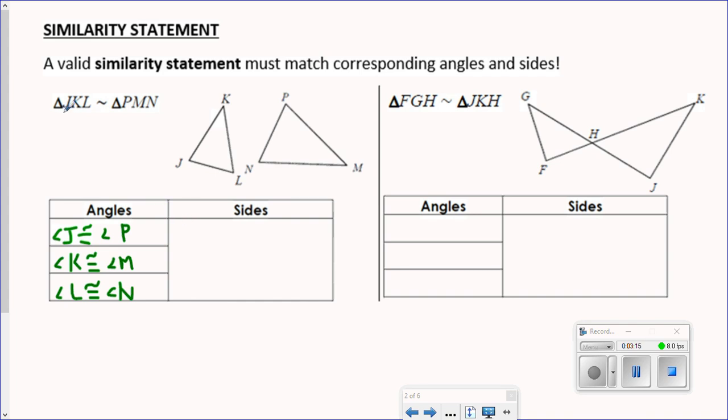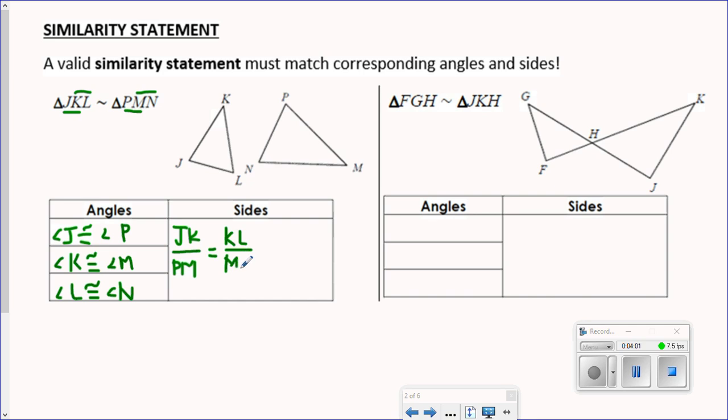If I take side JK, which corresponds to PM, they're not equal, but if I take the length of JK and divide it by the length of PM, that ratio is going to be equal to the ratio of side KL to MN, but remember, they're not congruent, they're proportional.